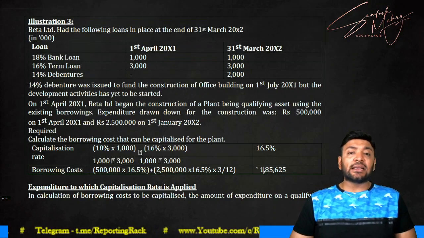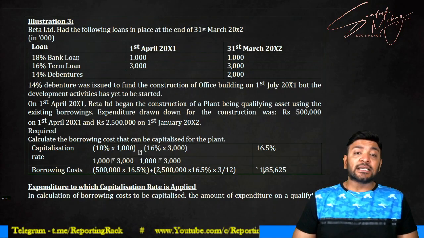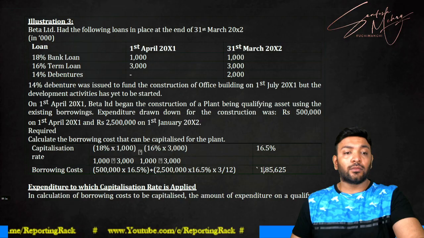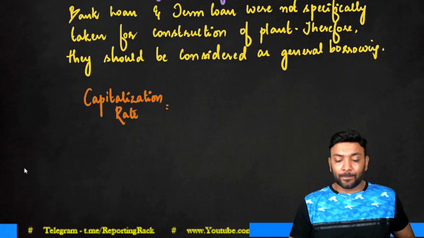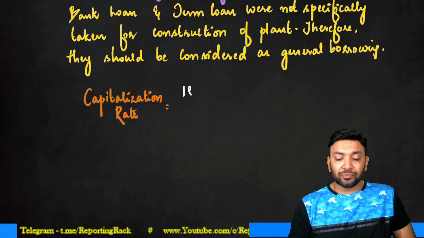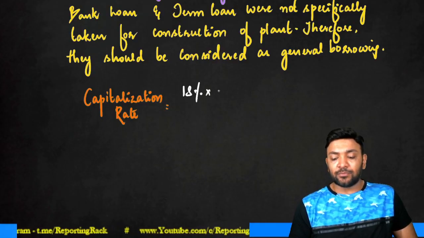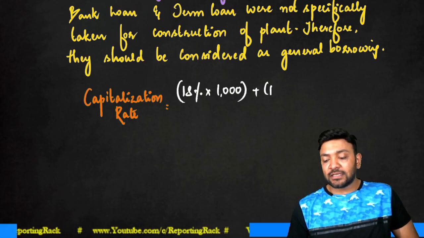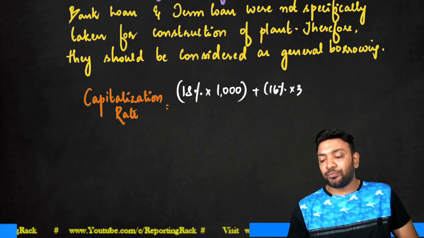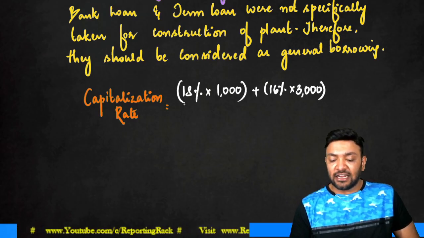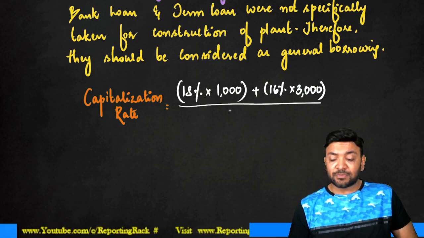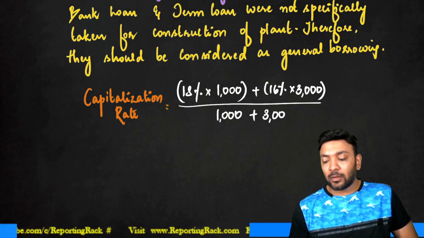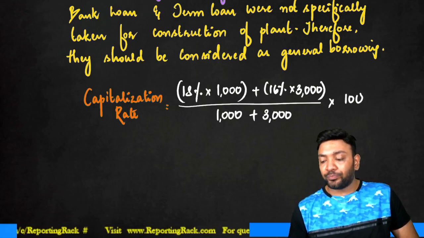1000 bank loan carries an interest rate of 18%. 16% term loan carrying a total amount of 3000. Calculate. 18% into 1000 plus 16% into 3000 divided by 1000 plus 3000, which is the total non-specific borrowings, multiplied by 100.